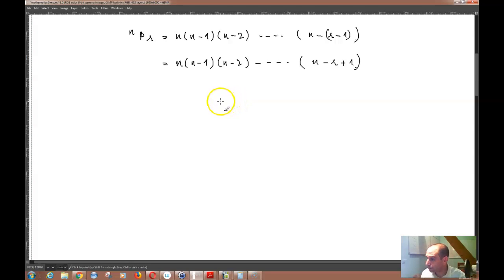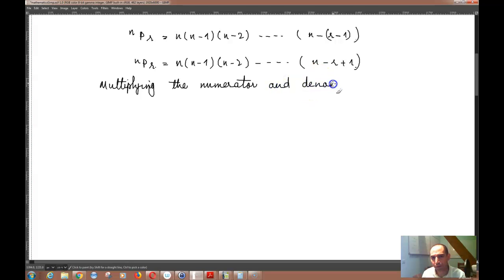Now, that is n permutation r, right? Now, multiplying the numerator and denominator by n minus r times n minus r minus 1 times all the way up to 3 times 2 times 1.